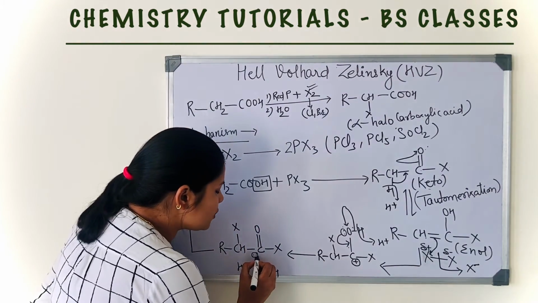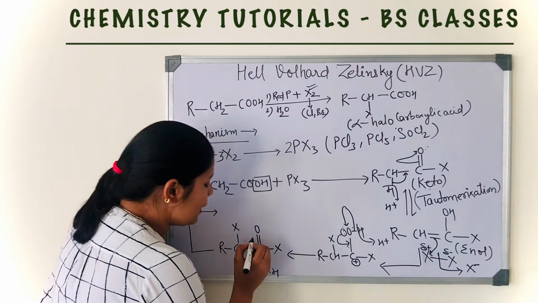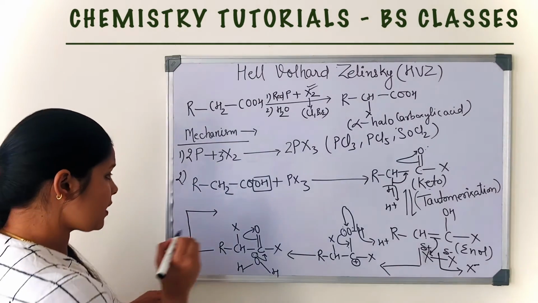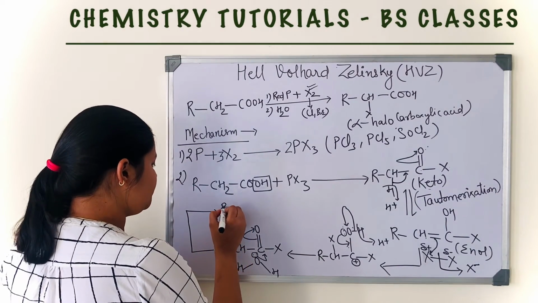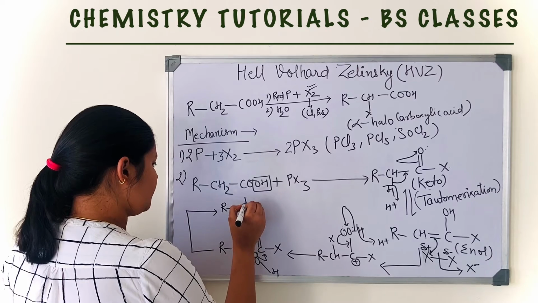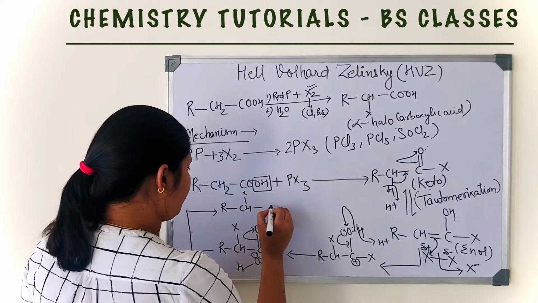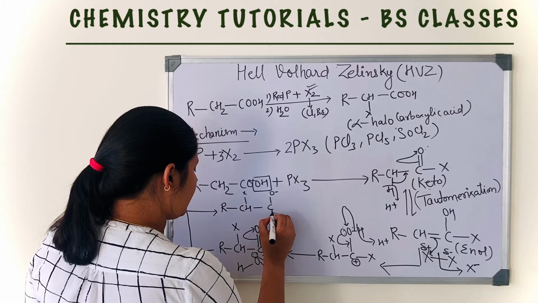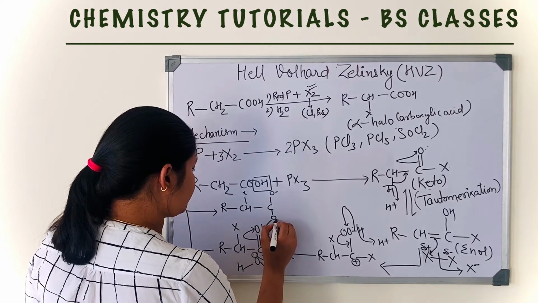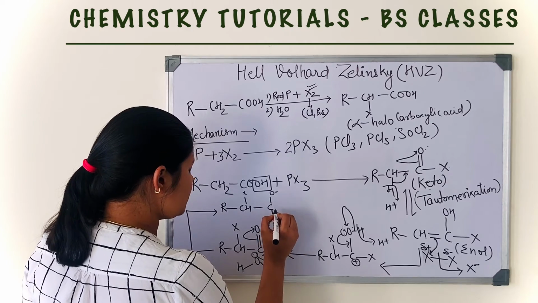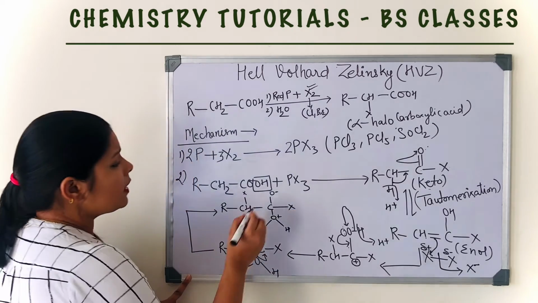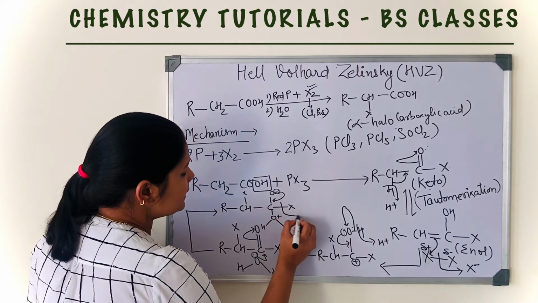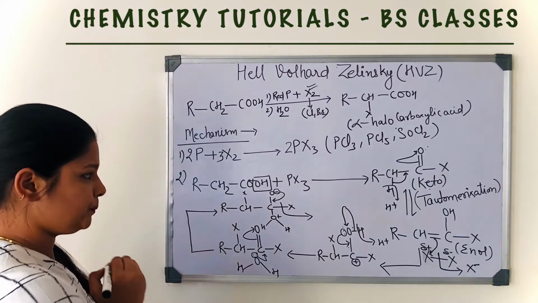So this oxygen attacks on this carbon and the bond completely shifted to this oxygen, and the molecule is formed with a positive charge here, and now halogen, but again the negative charge here shifted and this halogen leaves.